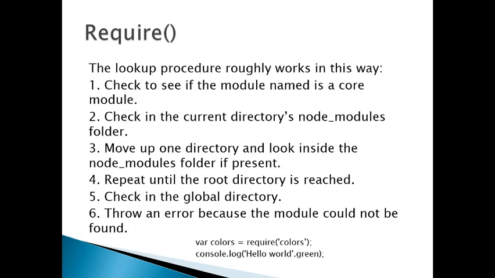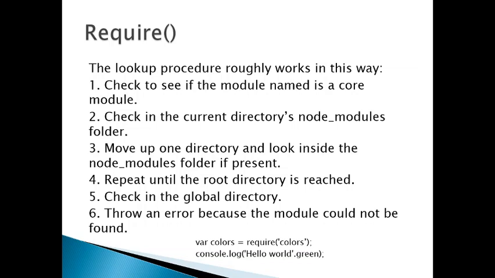Whenever we require a module, it searches in this way: it first checks whether the module is a core module, like fs or http or any other core module. If it is not a core module, then it will search in the current working directory under the node_modules folder for the module name.